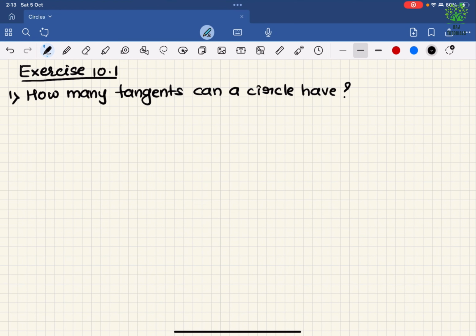Now next is Exercise 10.1. Question 1 says, how many tangents can a circle have?